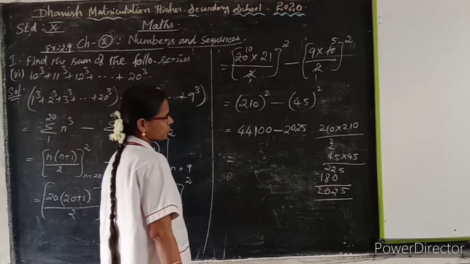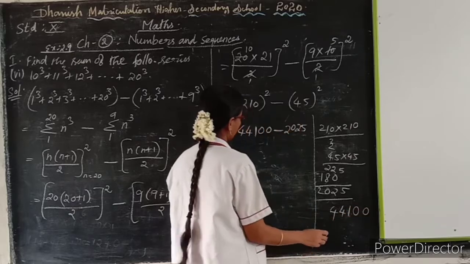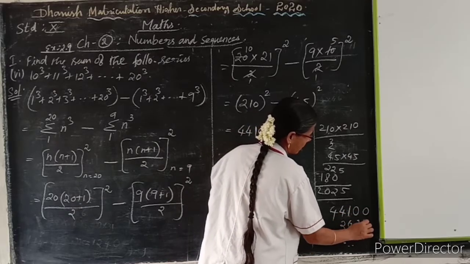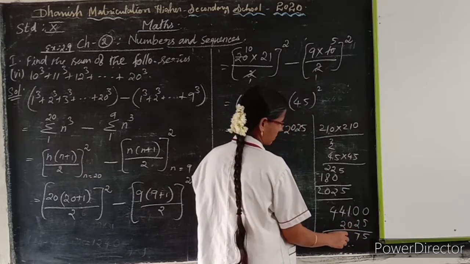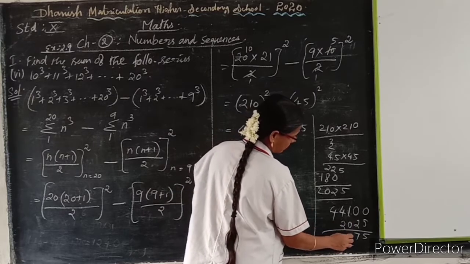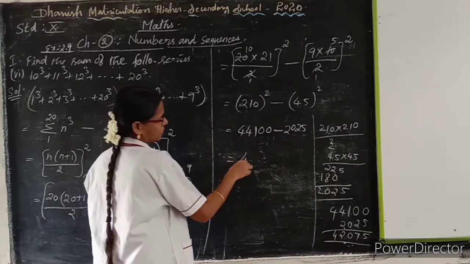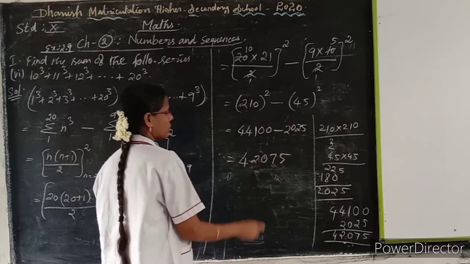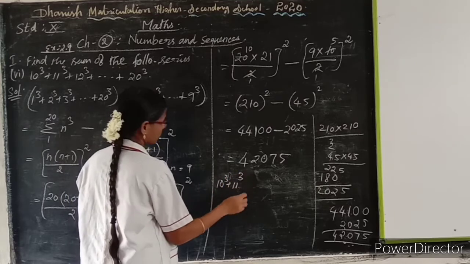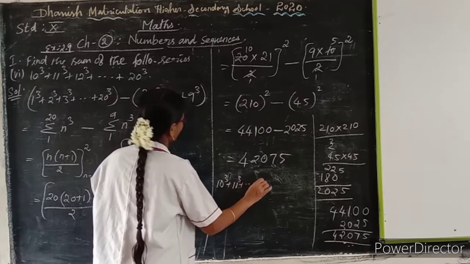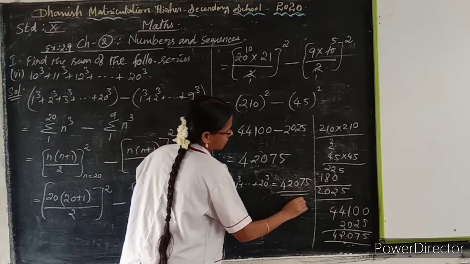Now subtract 44100 minus 2025. The result 42,075 is 10 cube plus 11 cube plus etc. up to 20 cube. So 42,075 is the answer.